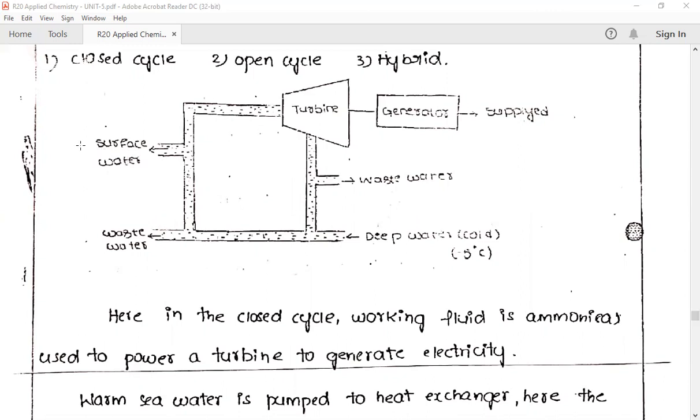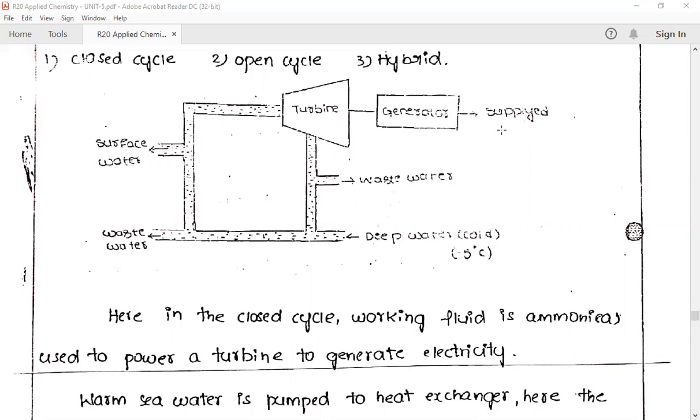This surface water contains warm water. It is pumped through the heat exchanger containing the low boiling point fluid. Then the fluid is vaporized. The working fluid vapor is sent into the turbo generator. The turbo generator produces the electricity.